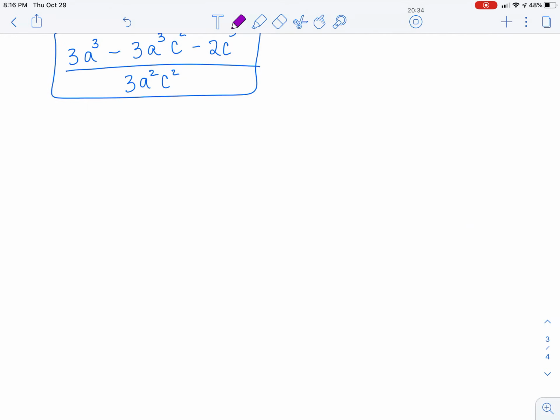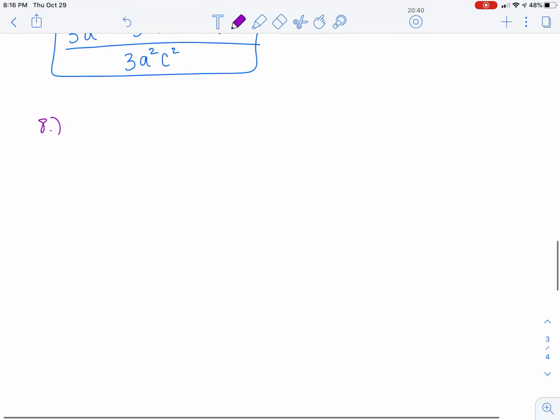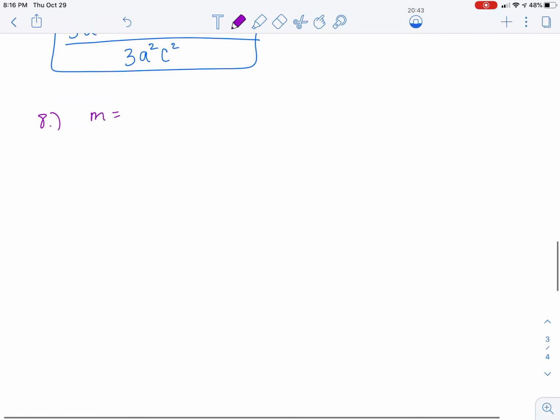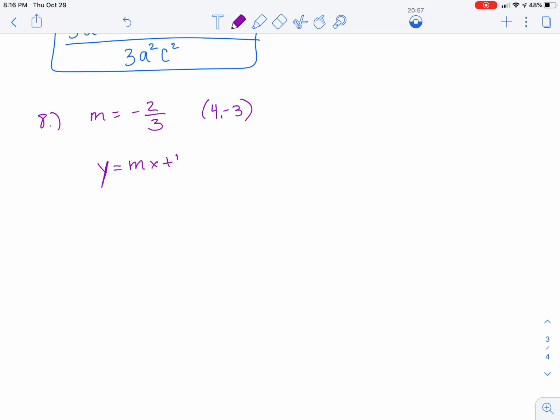So let's look at this again. So we have a slope. This is number 8. The slope equals negative 2/3. And the line passes through 4, negative 3. There we go. Okay. So we're working with the slope-intercept form. Y equals mx plus b, where m is the slope and b is the y-intercept, or the y value of the y-intercept.